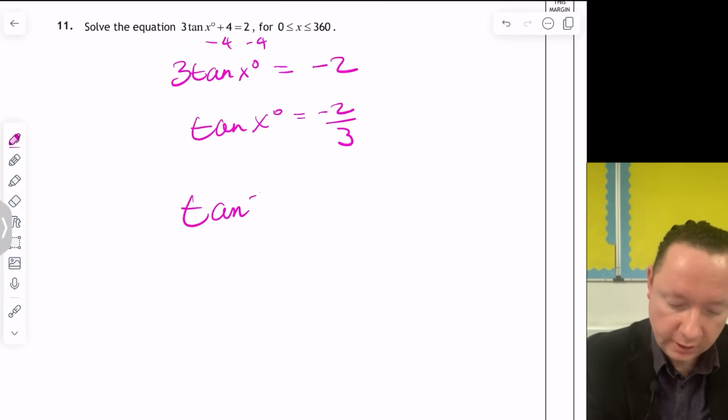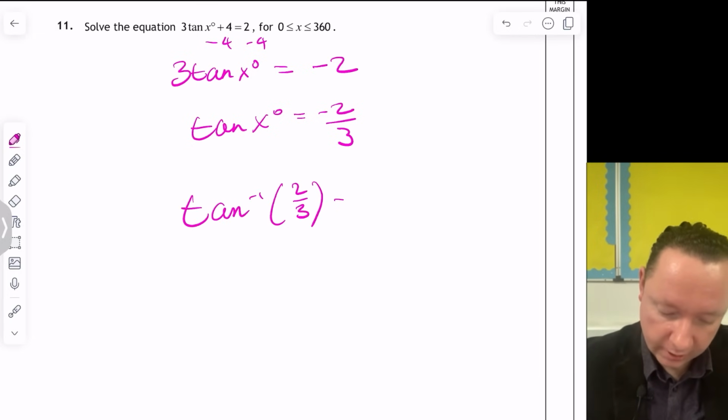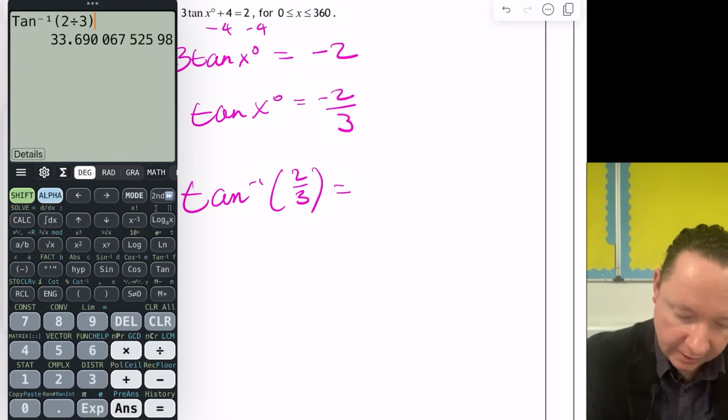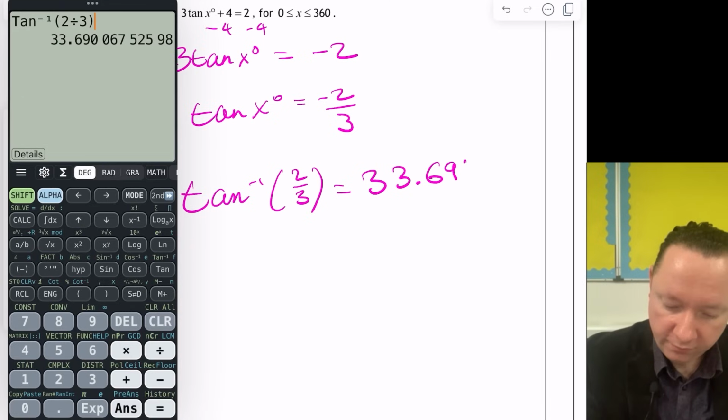So I've got 2/3 here. Get my calculator. Shift tan 2 over 3 is 33.69. Or about 33.7 if you just want to do one decimal place.